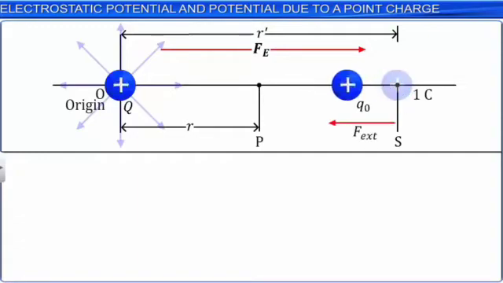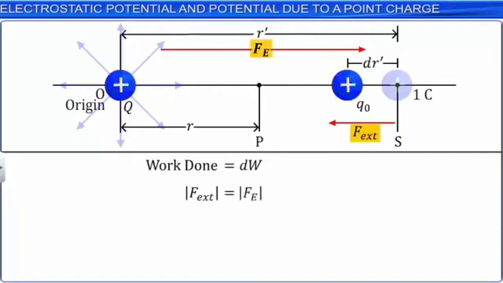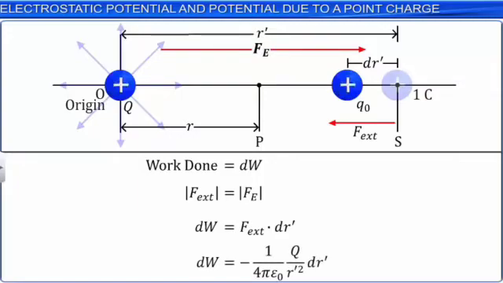The external force F required to move the unit positive charge is equal and opposite to the electrostatic force Fe. dW will be equal to F dot dr', which is equal to minus 1 by 4 pi epsilon naught Q by r' square into dr'. Let this be equation 2. We observe from equation 2 that the value of dW is negative, since charge Q0 is moved against the direction of the electric field.